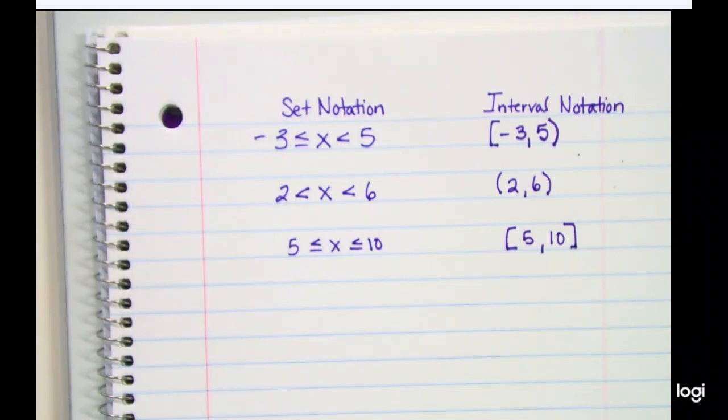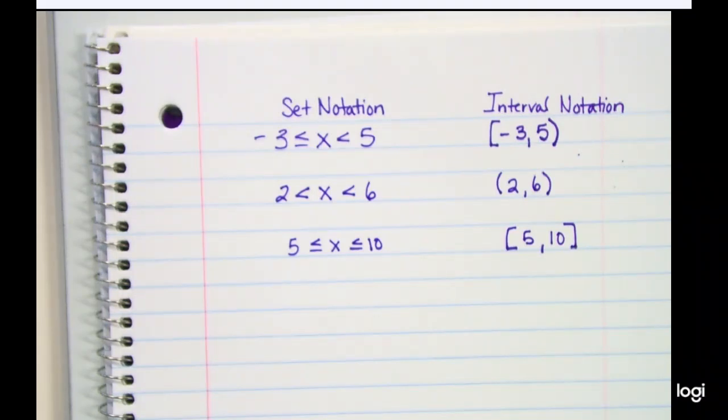I know you're screaming to take notes right now, but as you're writing that down, did I give you enough examples to maybe determine what's going on with my parentheses or my brackets on the right under interval notation?